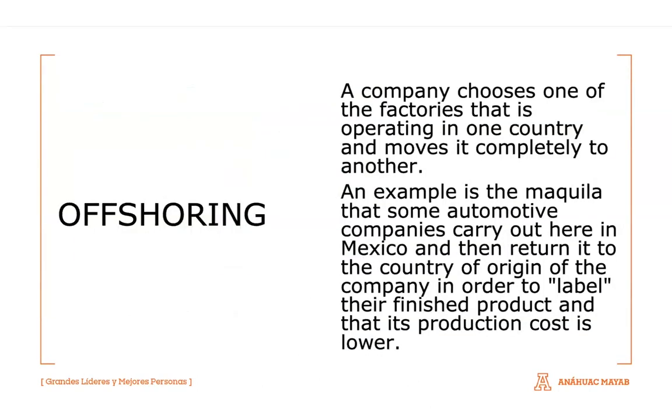Another thing is offshoring. Here it is particularly related to production. Usually a company from a specific country, maybe because of the law, minimum wages, or anything else you consider, might decide to move to another country to produce, getting an advantage. Something quite easy to analyze is Tesla.